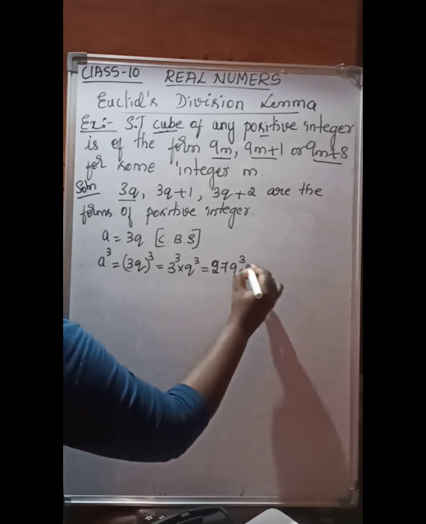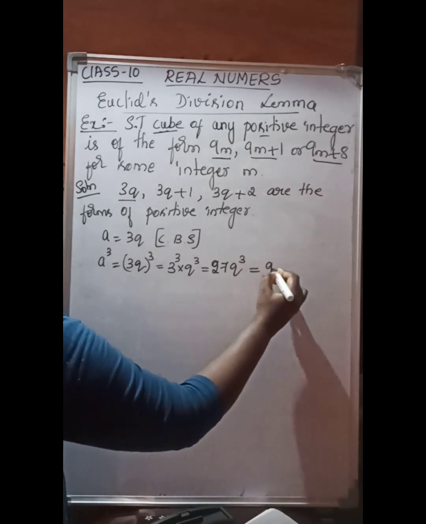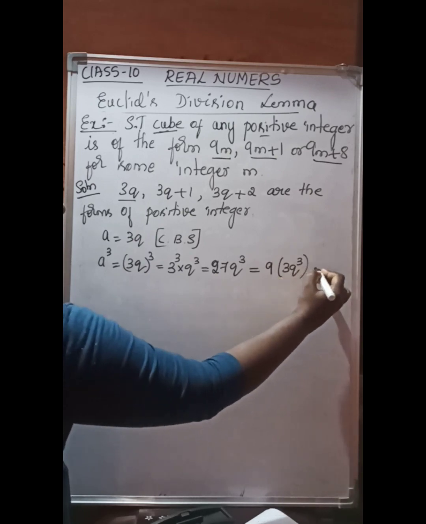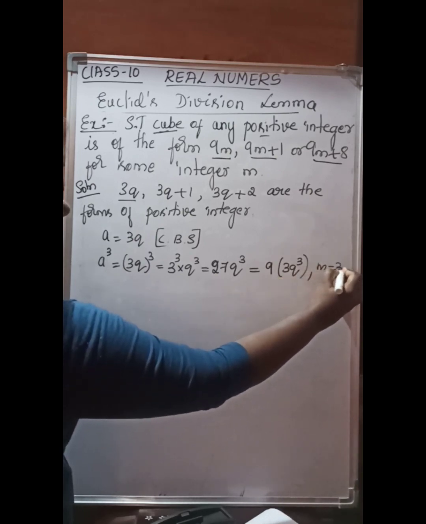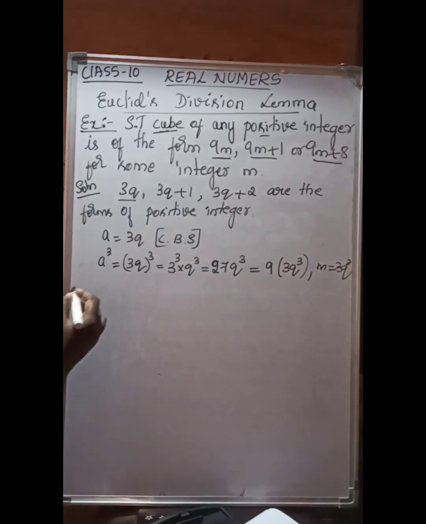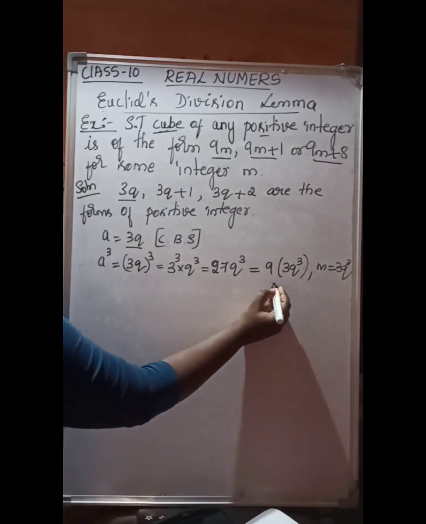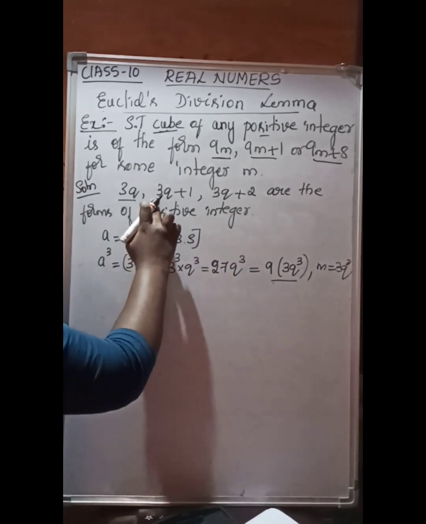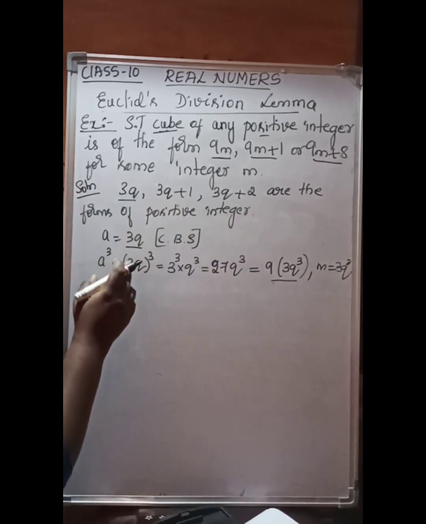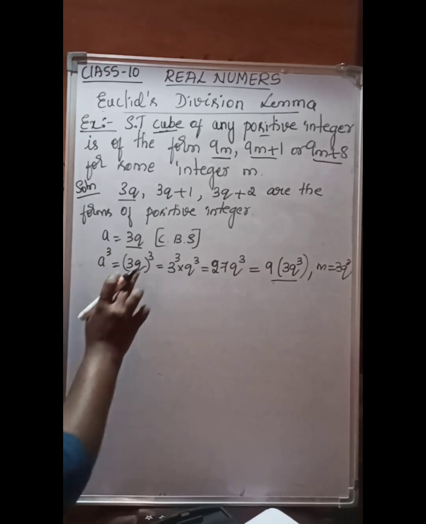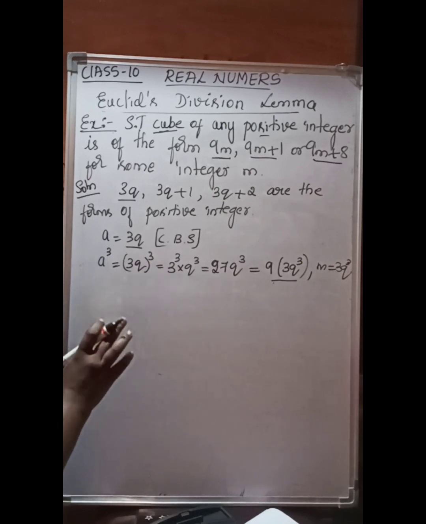See, now this 27 you can write it as 9 into 3 q cube, where here m equals 3q cube. See, first one 3q exists in the form 9m. Clear? In the same way we have to consider 3q plus 1, cube it and show it exists in the form of 9m plus 1. Then consider 3q plus 2, then show it exists in the form of 9m plus 8.